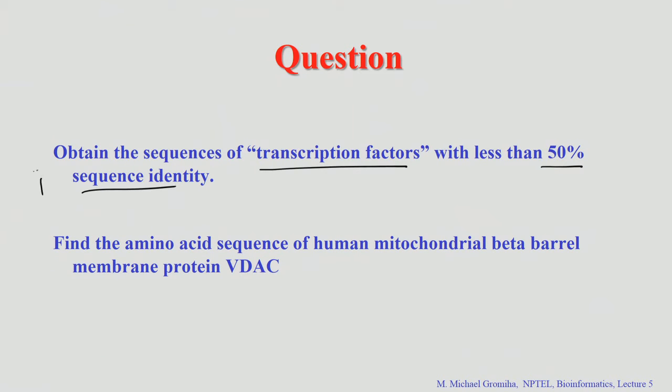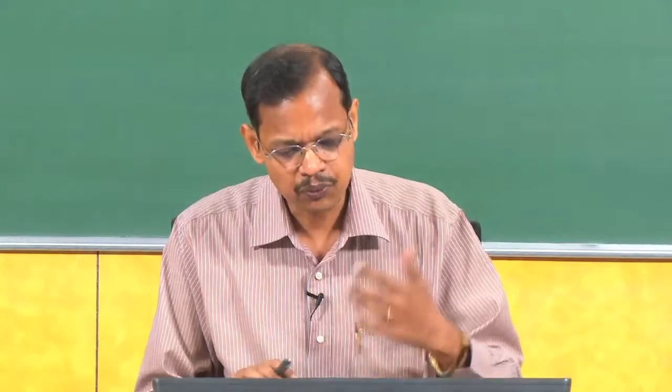This is question number 1. Question number 2, I am interested in understanding the function of a particular protein, for example the human mitochondrial beta barrel membrane protein VDAC. Two questions. So to understand the first question, how to obtain the transcription factors with less than 50% sequence identity.